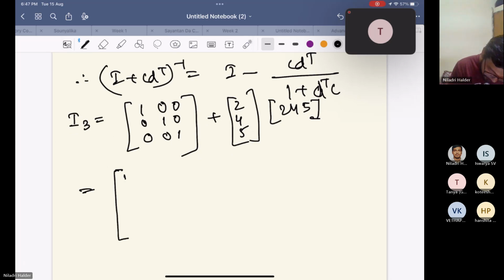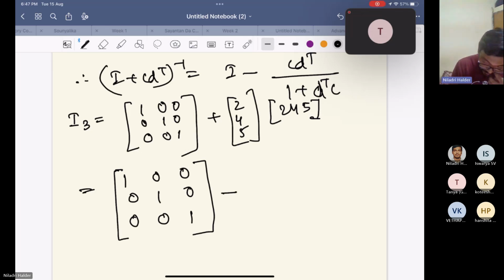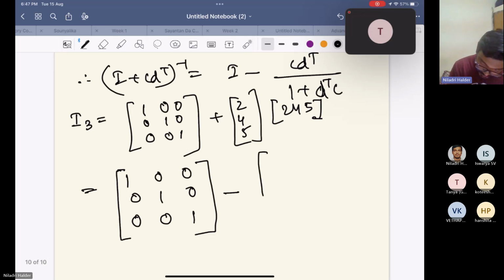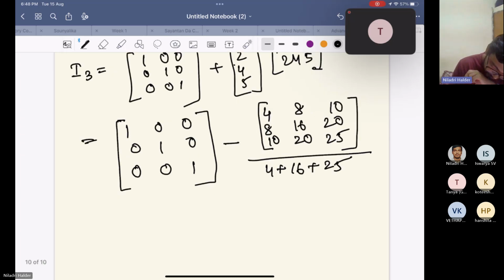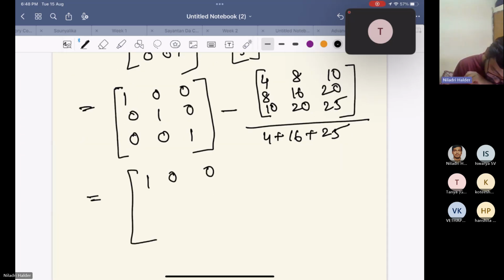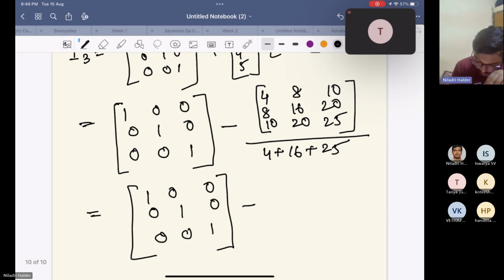That can be written as I minus C D transpose, that means the multiplication of these two, which gives one matrix: 4, 8, 10, 8, 16, 20, 10, 20, 25, divided by D transpose C. So this is 4 plus 16 plus 25, which is 45.